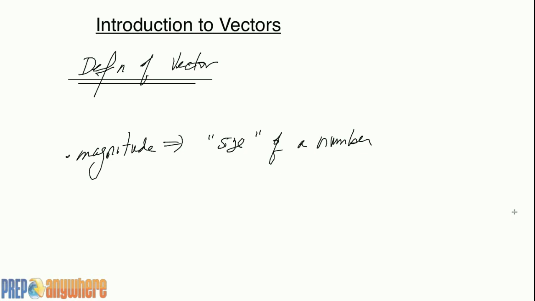The function that we use to describe the size of a number is absolute value. Remember this? What does that give you? Absolute value of -3 gives you 3. This gives you 5. What the absolute value does is that it doesn't care about the sign of the number, it just cares about the size. So that's what we mean by magnitude.